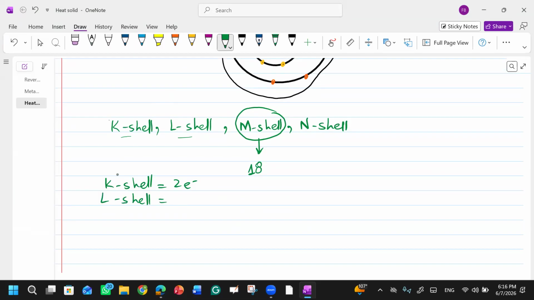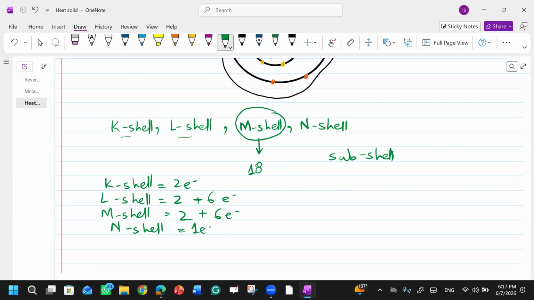Firstly, the 2 electrons of this K shell plus 6 electrons of this L shell. Then the M shell, how will it be formed? Similar to this, 2 electrons first, then 6 electrons. And in the N shell there will be 1 electron. How is this happening? This is happening on the basis of subshells.